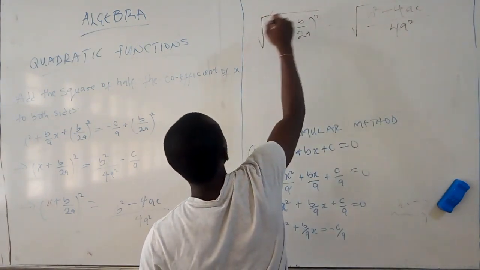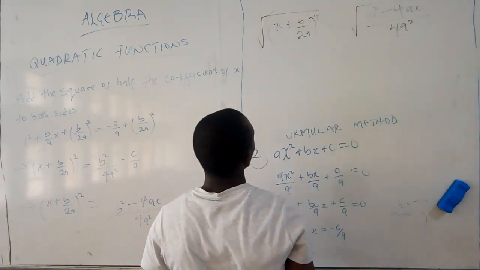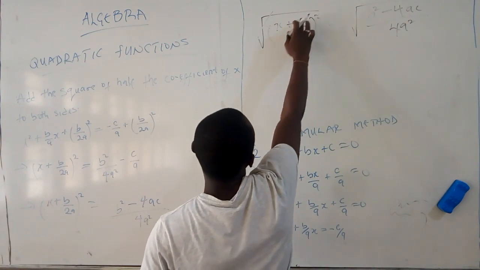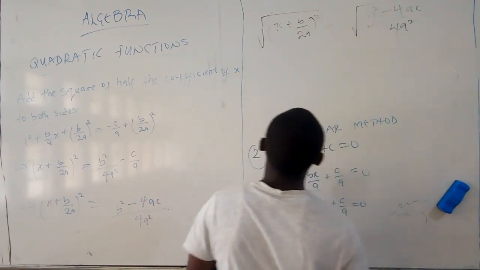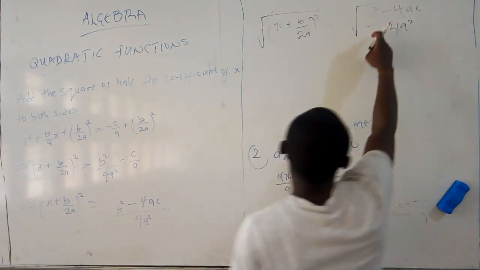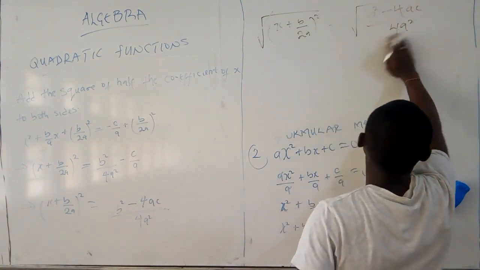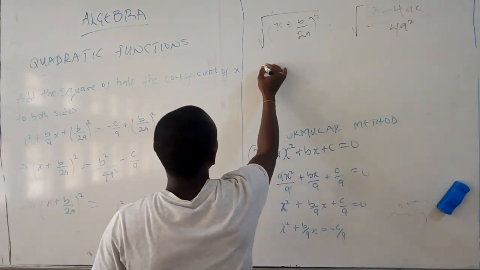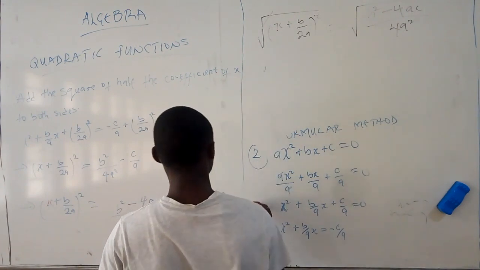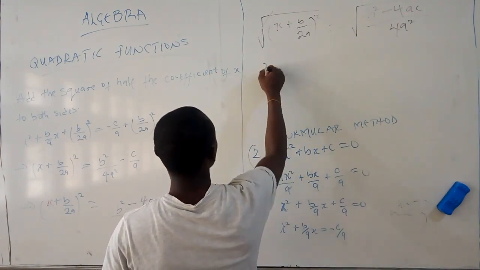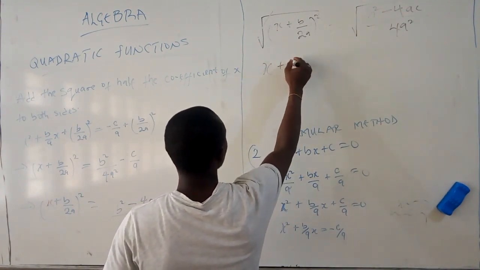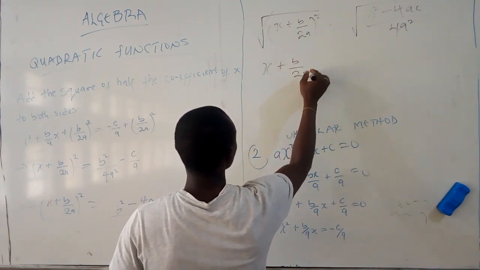So this will go with this square. You have x plus b over 2a. Here we have b square minus 4ac over this. So you are left with x plus b over 2a.